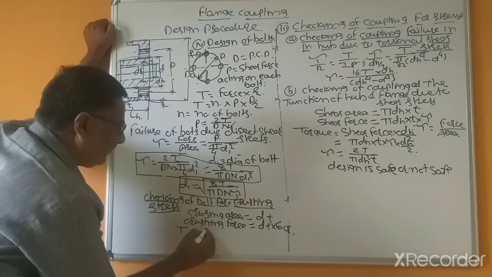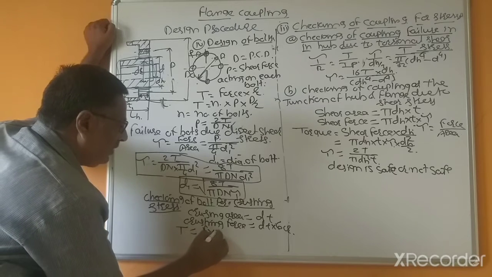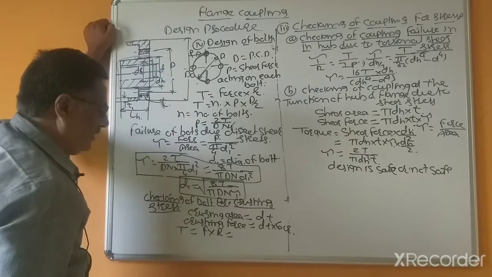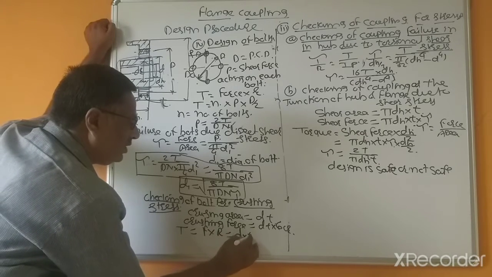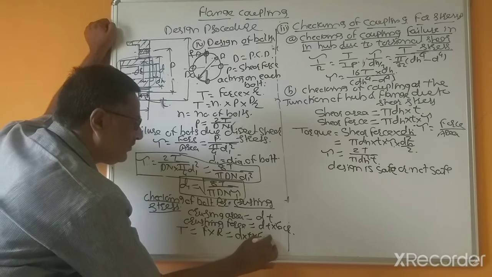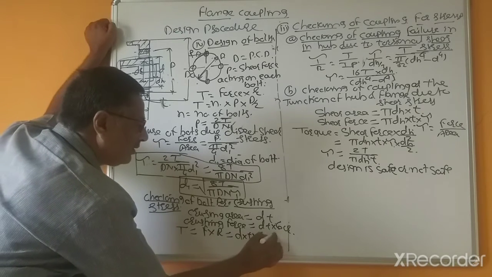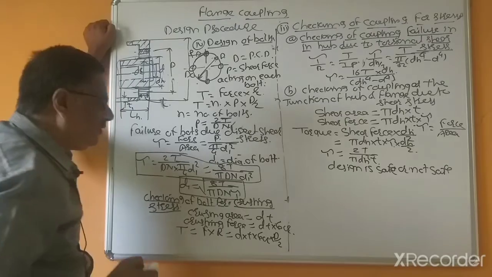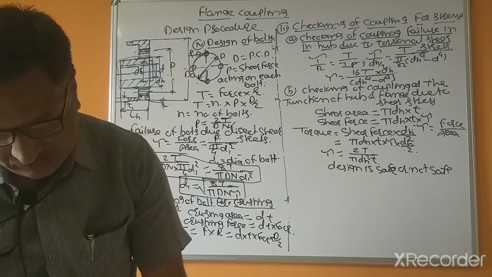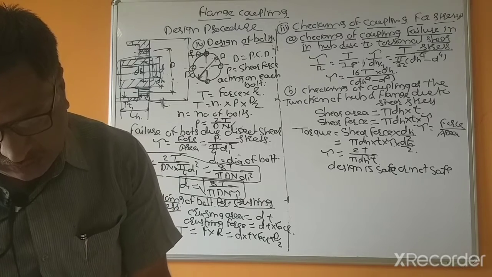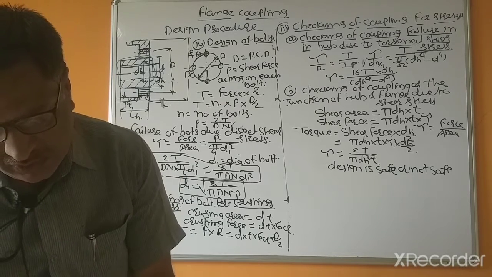Torque equal to force multiplied by radius. So force equal to d into t into crushing stress, multiplied by capital D divided by 2. I will check this.